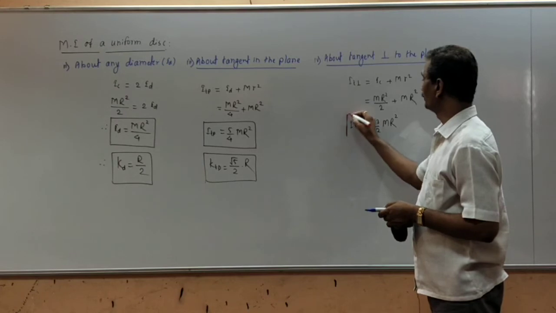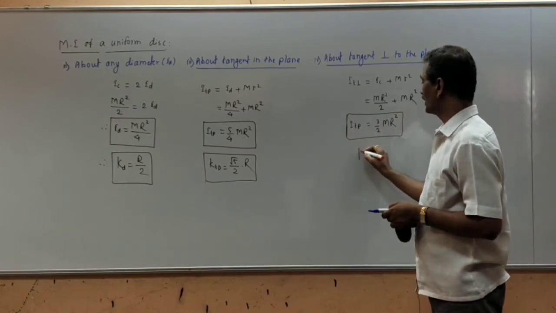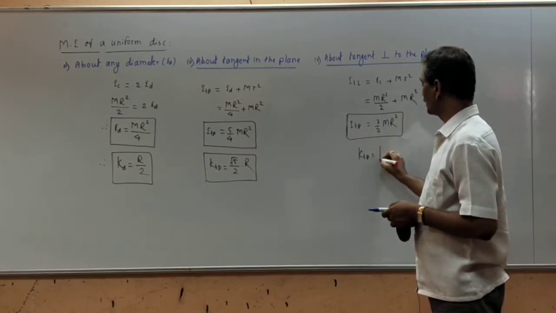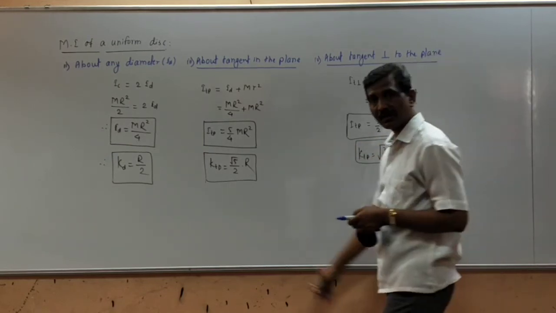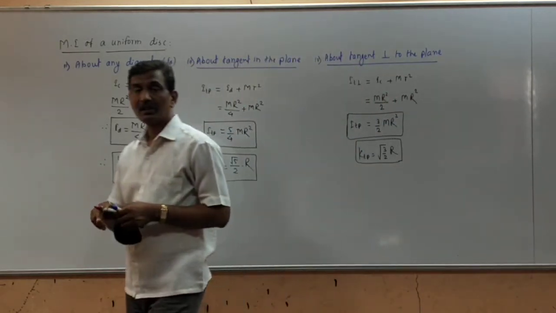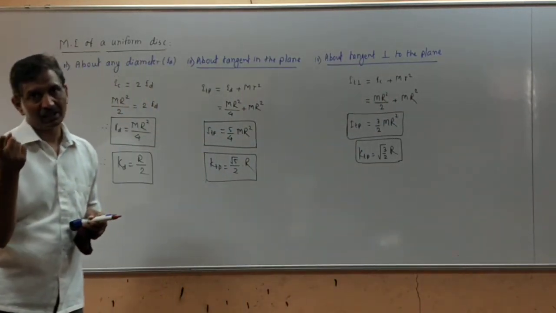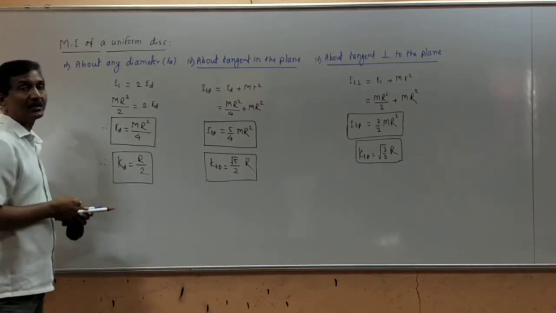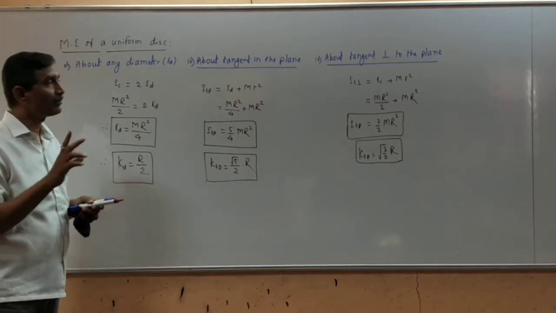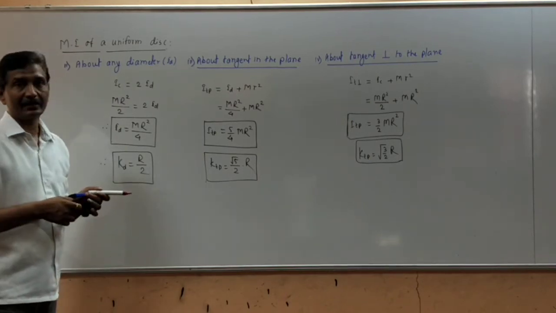And therefore, what is its radius of gyration? It is root 3 by 2 into R. So thus we discussed moment of inertia of a rod in the last session. Then here we discussed the moment of inertia of a ring and of a disc.